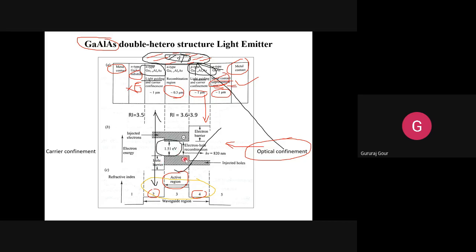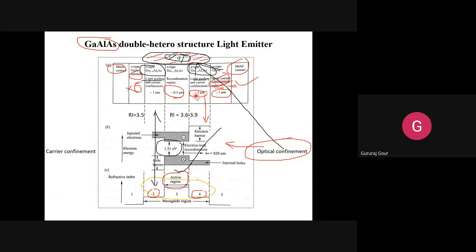And the third factor you can see, the forbidden gap or the band gap energy, is kept very low compared to these gap energies, so that will allow more electron hole recombination to take place. Density we are increasing with the help of N and P type, these two regions with their wide region.